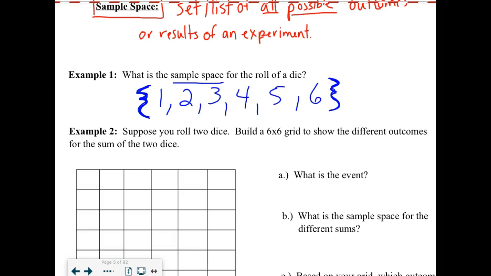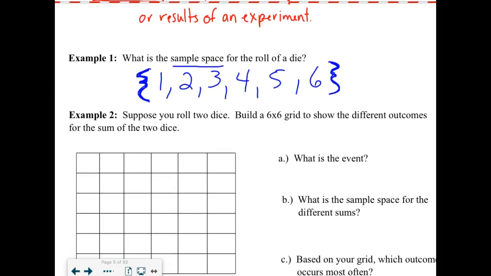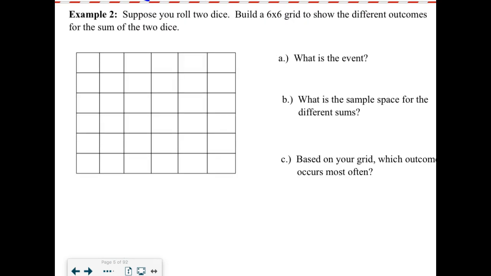Okay, let's say we make it a little more complicated. Let's say two dice. What are we looking for here? I want a grid to show the different outcomes of the two dice.